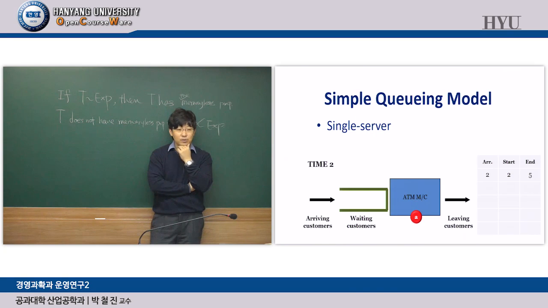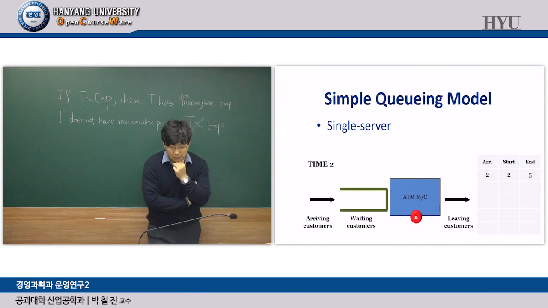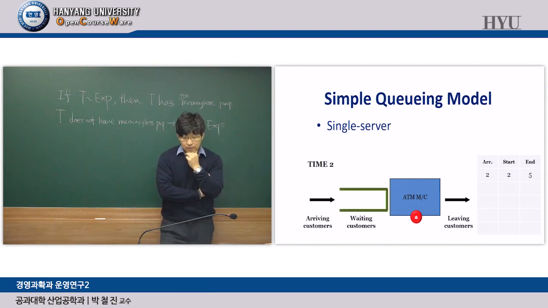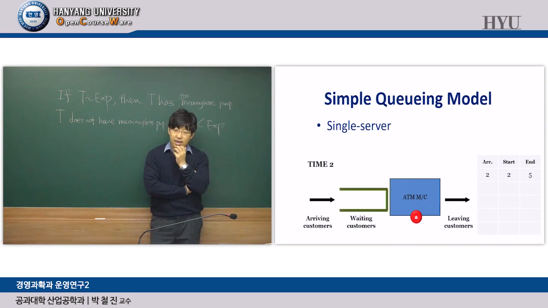So we can observe the system behavior in front of, let's say, an ATM machine. From 8 a.m., at 8:02, 2 minutes after, a customer arrived to the system. There is no one, so he or she can use the machine immediately, right?